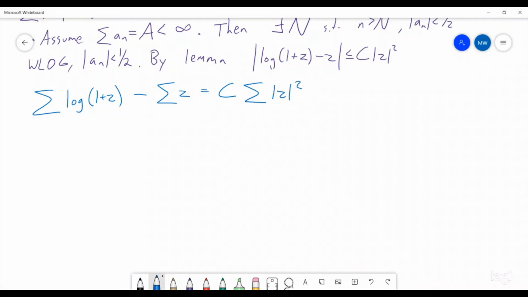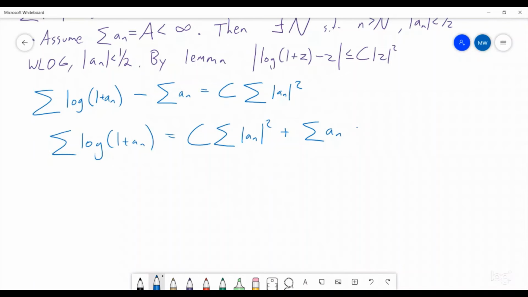Each of these z's was actually just one of those a sub n's. So what we get is the log of 1 plus a sub n. So the sum of the logs is equal to some constant times the sum of our absolute value a sub n squareds plus the sum of our a sub n's, which is c times d plus a, which is some finite number.